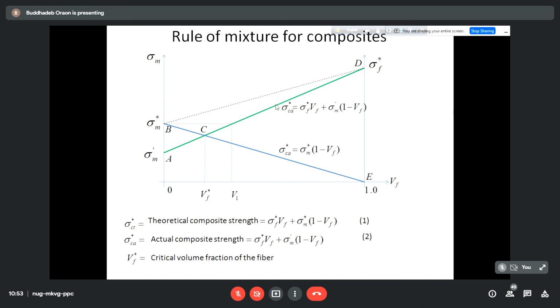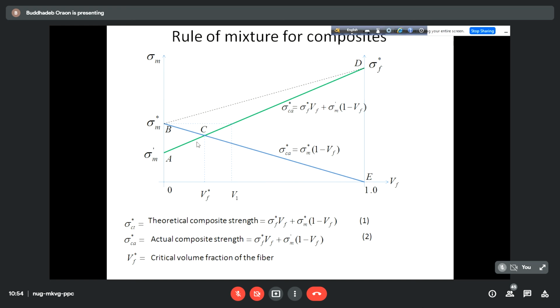Because if you are going to design a very high strength composite material with high quality fiber, then obviously you have to take the cost aspect into consideration. And if you can compromise on that, then you can choose the required composite strength level and take the decision. So basically, this is one type of design criteria.